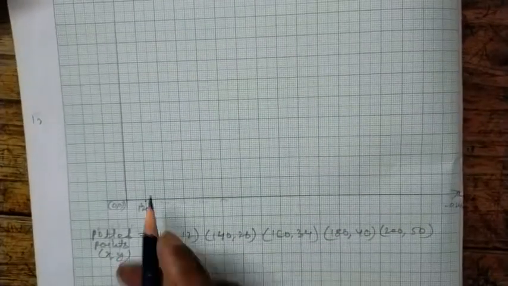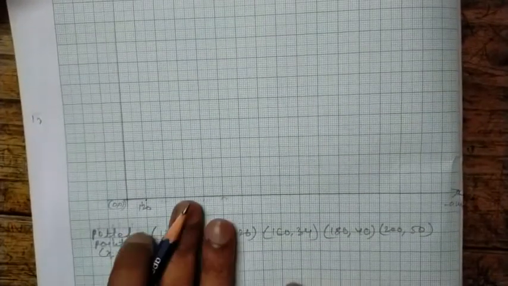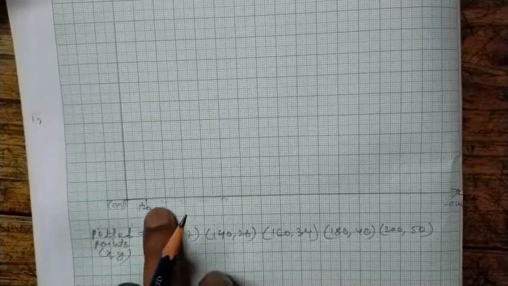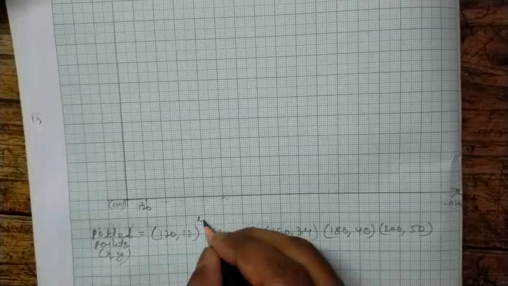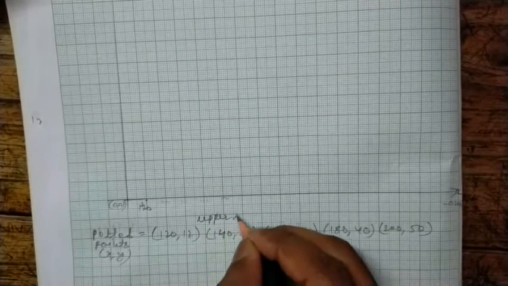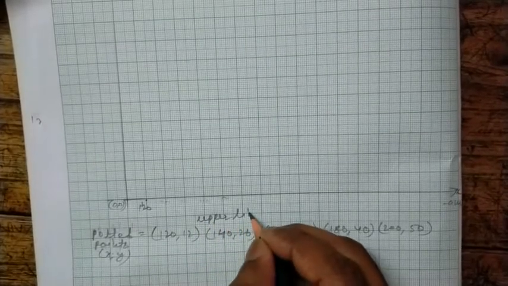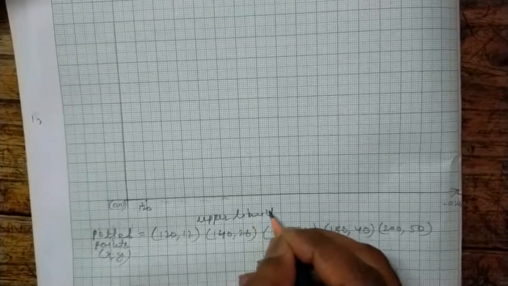As we know that it is our less than ogive, which limit do we have to take here? The upper limit value.